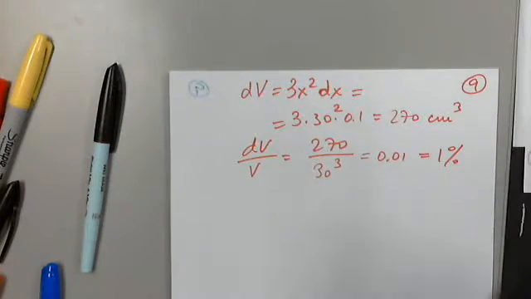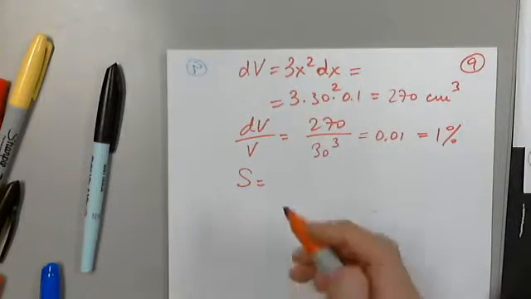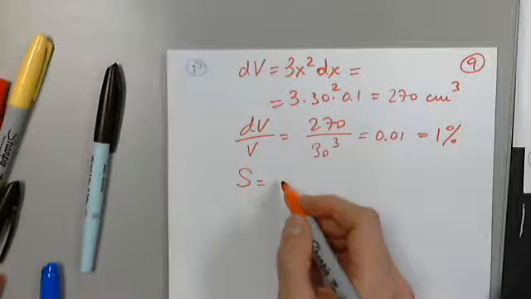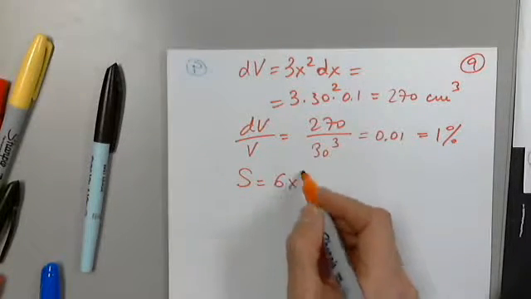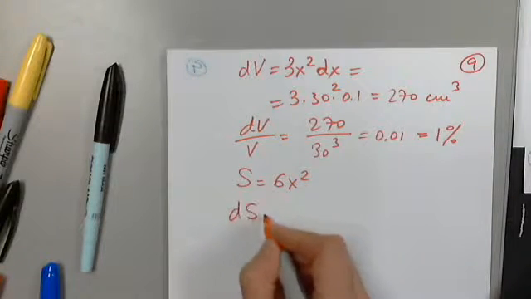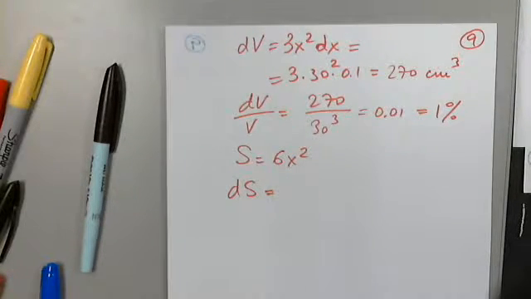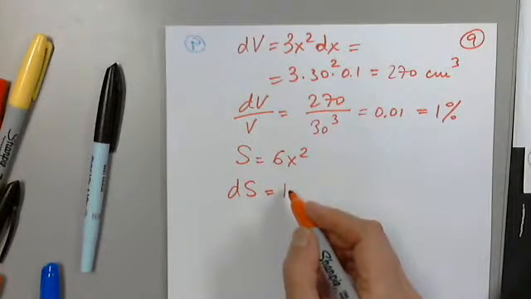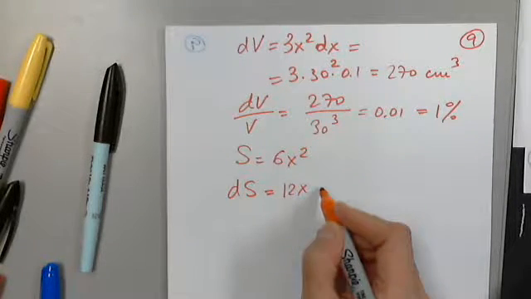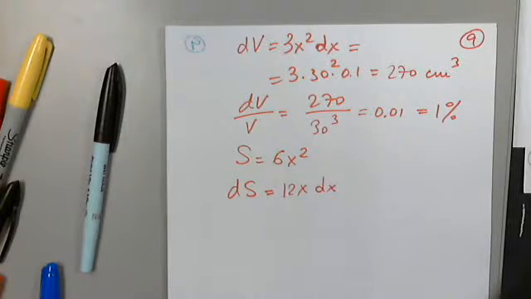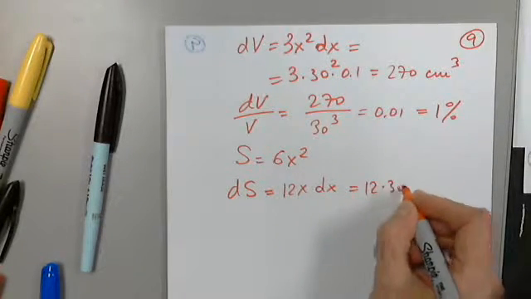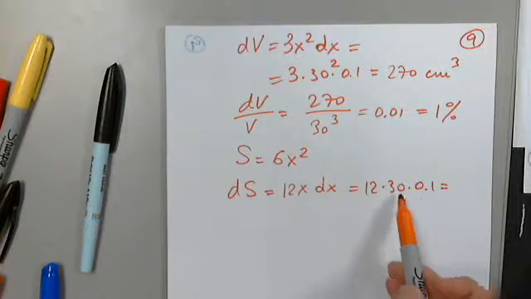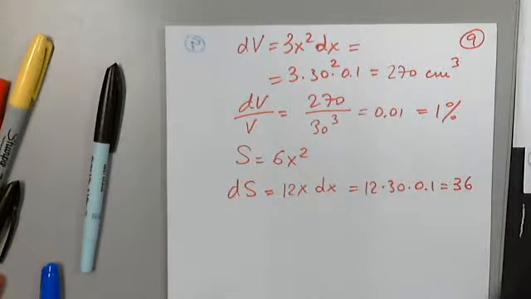Now we want the surface. What is the surface area of the cube? 6x squared. Perfect. I need to find dS. What will that be? It's going to be 12x times dx. Perfect. I'm done. 12 times 30 times 0.1. So this is 36. Measurement unit.